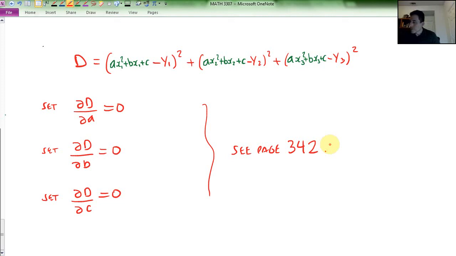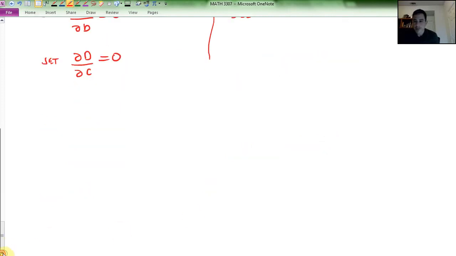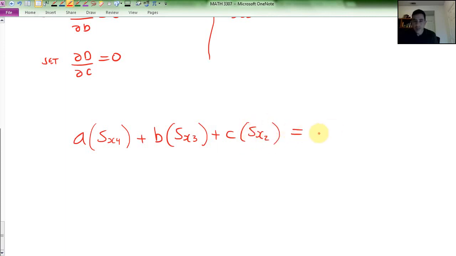So you will have a system that will look like this. Let me write it down. You have A, and then this is SX4, and then I'll show you what those are. SX3, SX2 equals SX2Y. I'll explain what this is in just a minute.